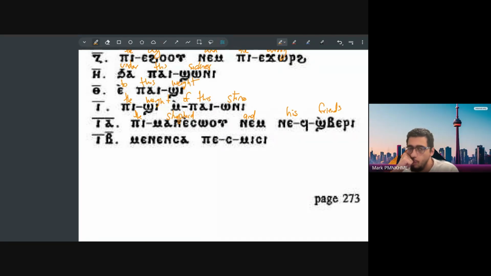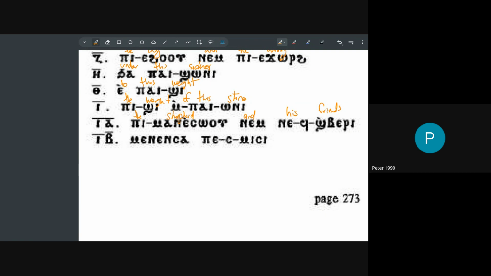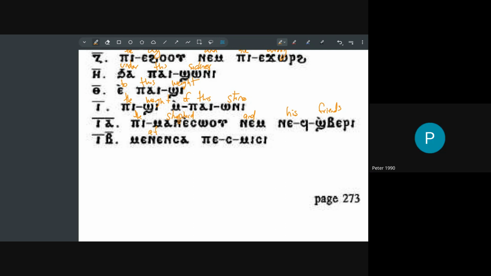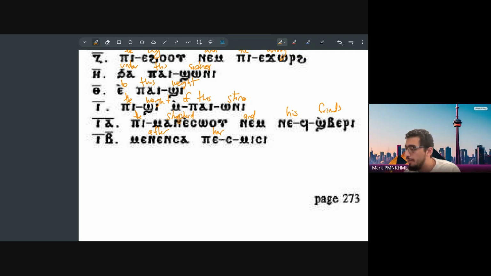Menensa Pace Misi, after her. Is it like children? Could be, but I don't think that's what it would mean here. Think of it in Arabic as like walada.